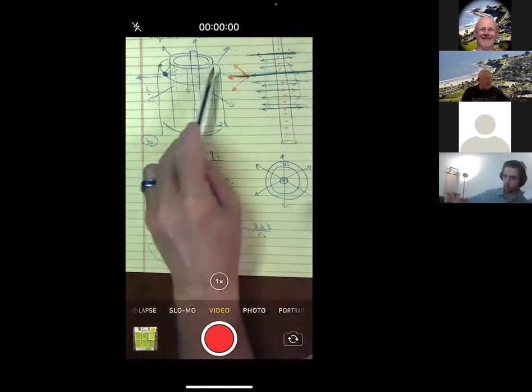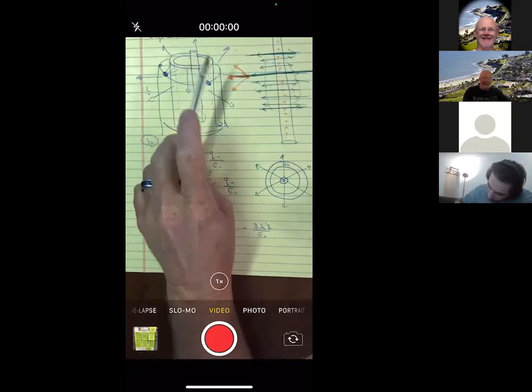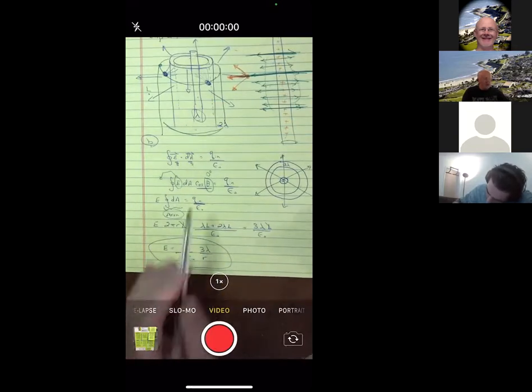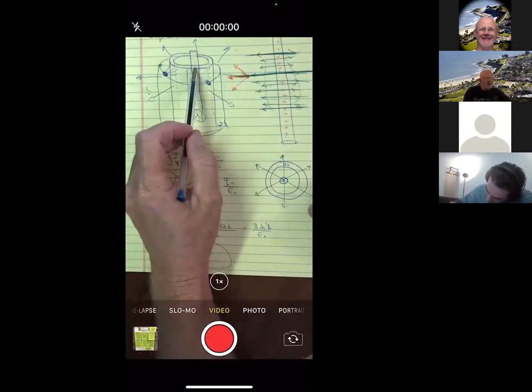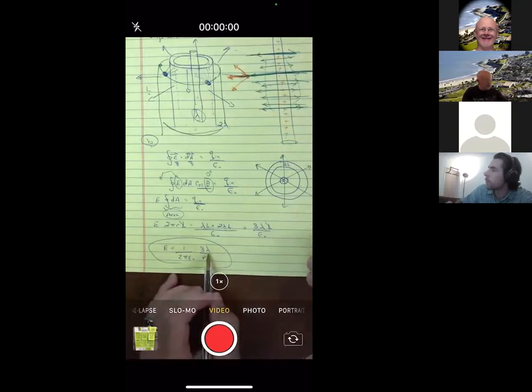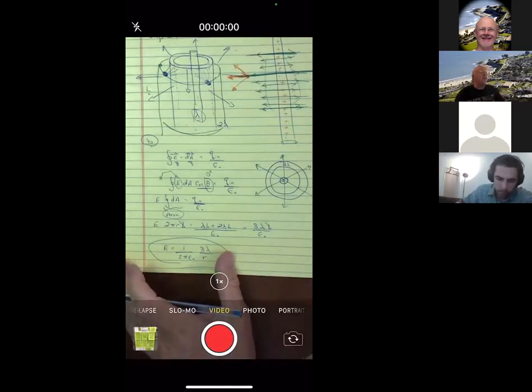Once you get outside of the cylinder, you get the same field as from just a line of charge. So this whole thing could be thought of as just one line of charge with a charge density of 3 lambda. And so that is the equation that was worked out for a line of charge. This right here was the charge density. Just we have 3 lambda instead of just a lambda, as was worked out in the example.